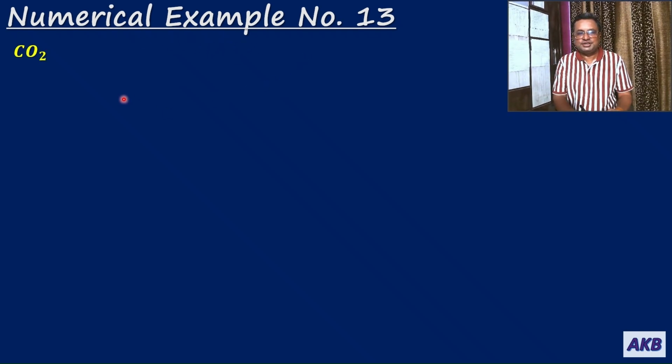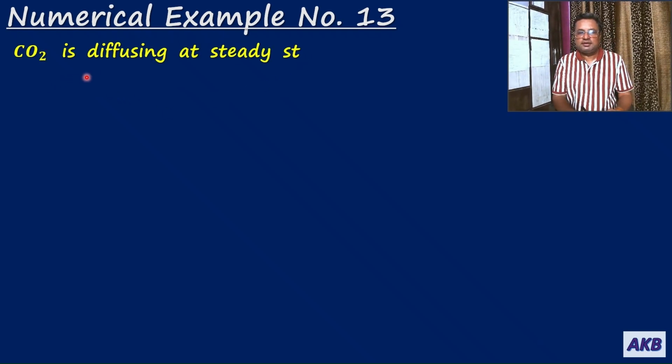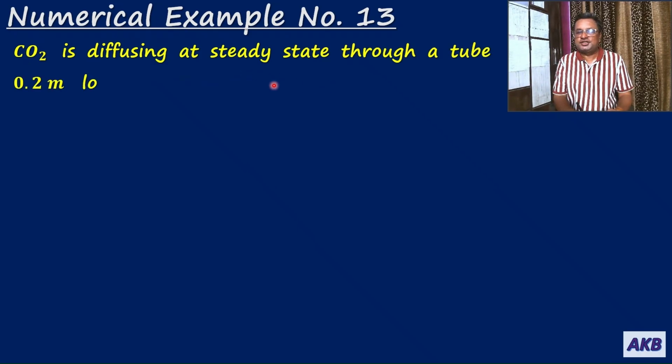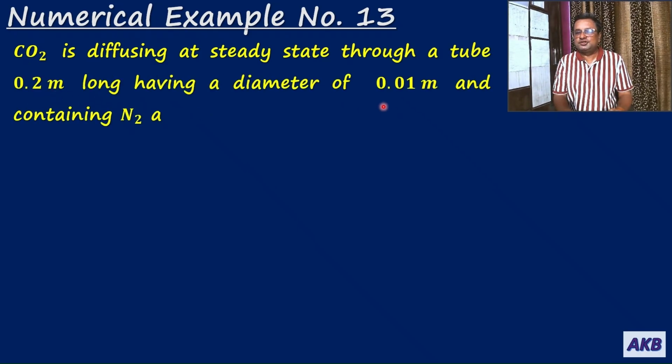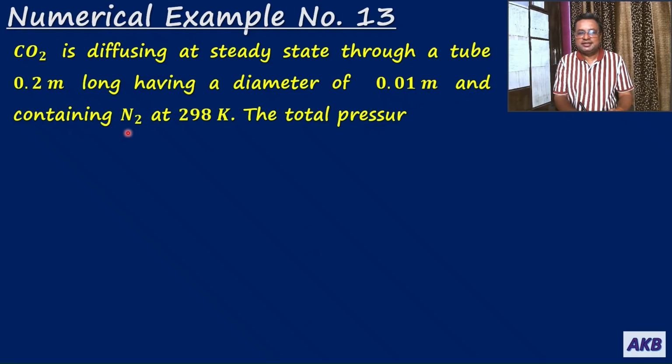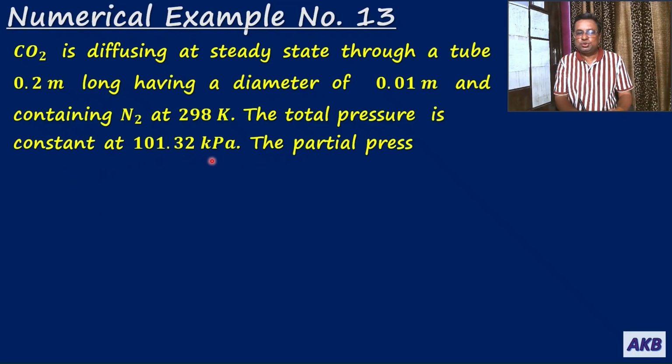Now let us look at the numerical statement for numerical example number 13. CO2, that is carbon dioxide, is diffusing at steady state through a tube 0.2 meter long, having a diameter of 0.01 meter and containing nitrogen at 298 Kelvin. The total pressure is constant at 101.32 kilopascal.